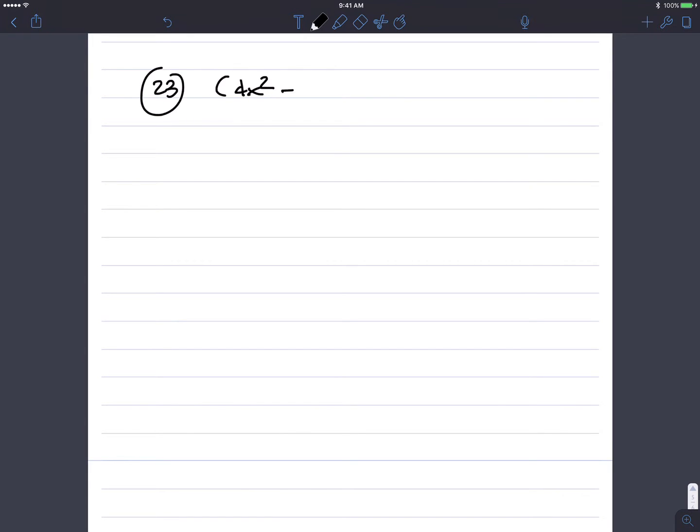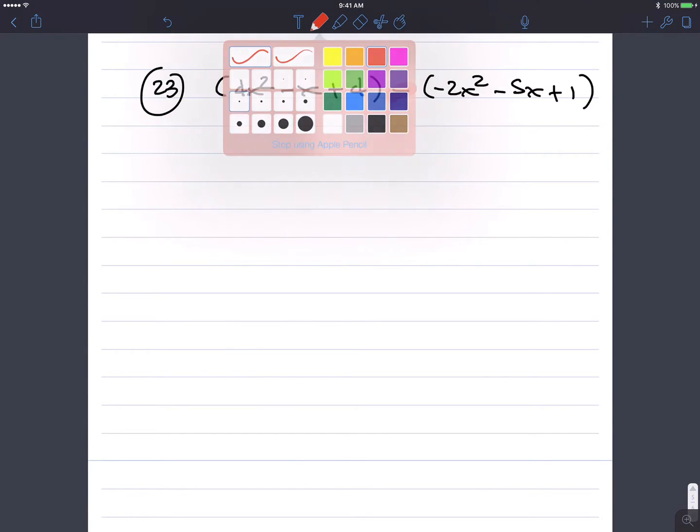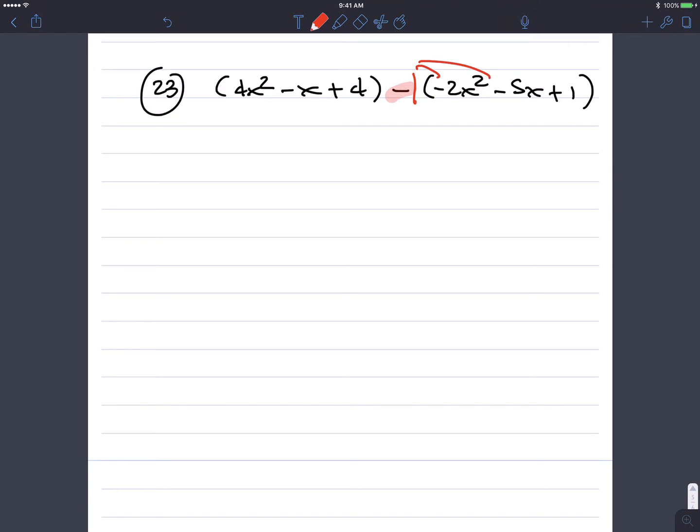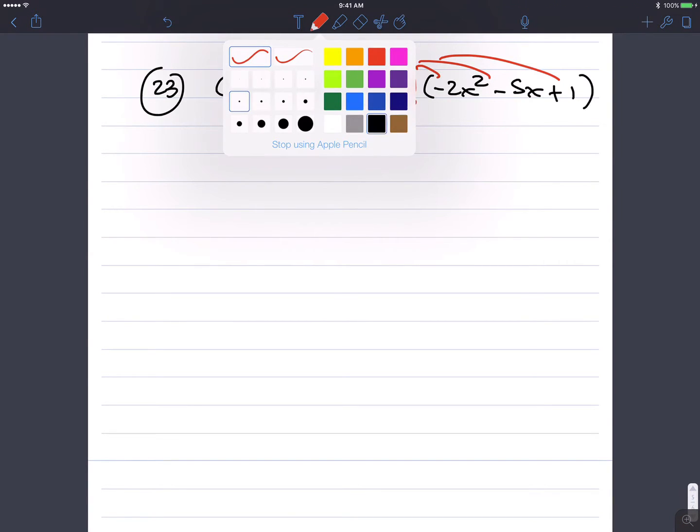4x squared minus x plus 4 minus a negative 2x squared minus 5x plus 1. Here we have subtraction. That means there's a negative 1 here that we're going to distribute to every one of these terms.